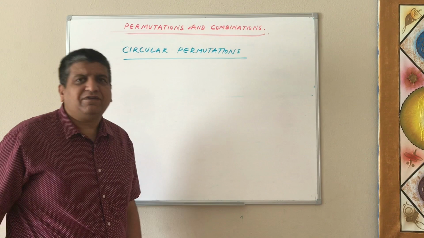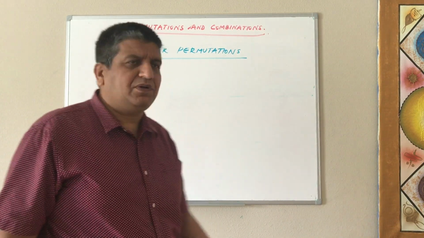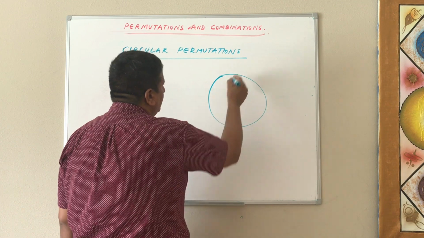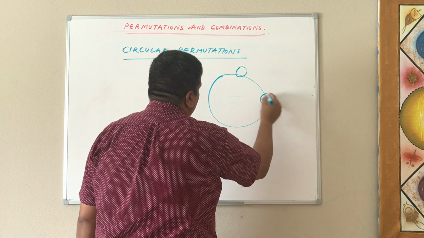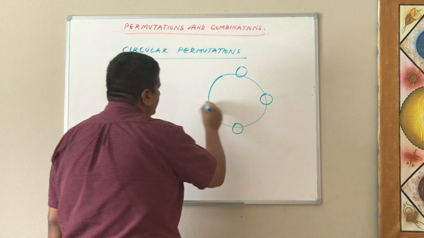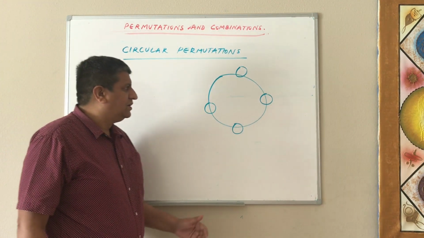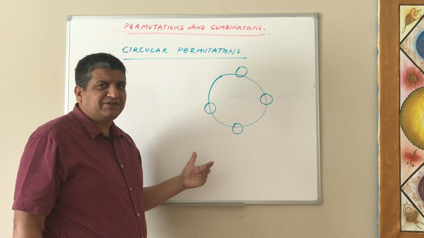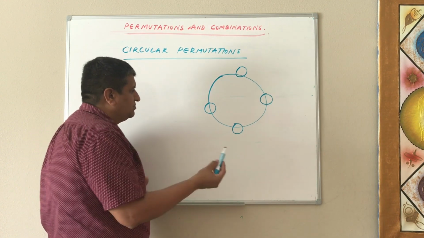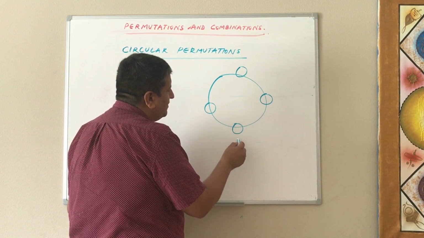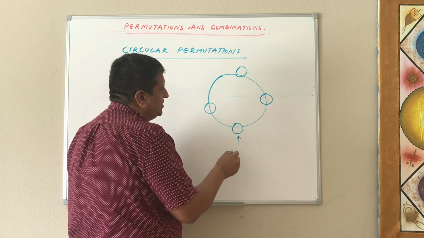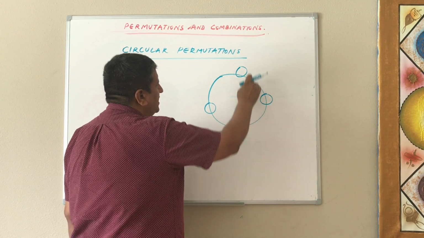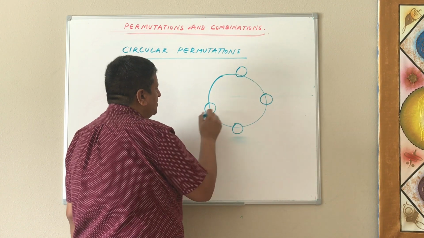So let's say I want to arrange 4 people around a table. How many ways can I arrange these 4 people? Now it may look like it's the same thing as 4 factorial, but the first person gets to choose. If he picks this chair, this becomes the first chair. If he picks this chair, this becomes the first chair. And if he picks this chair, still the first chair.